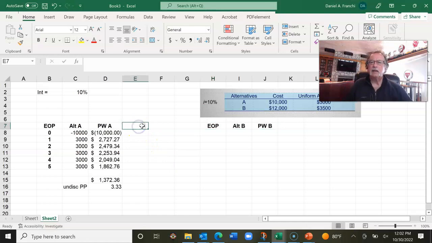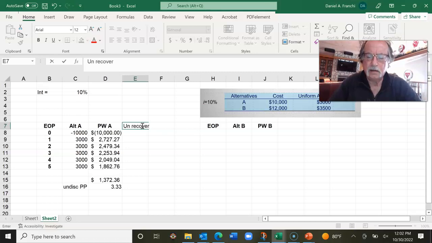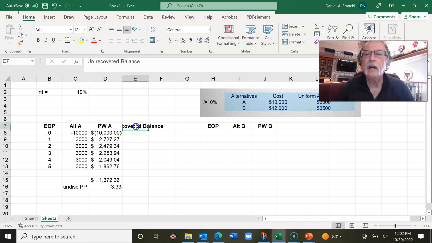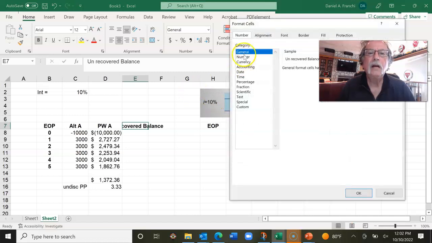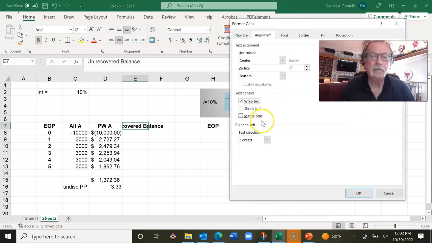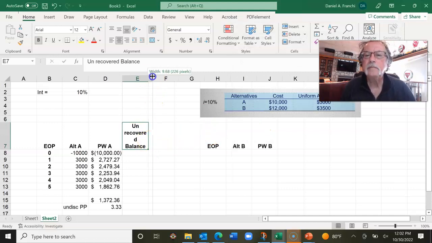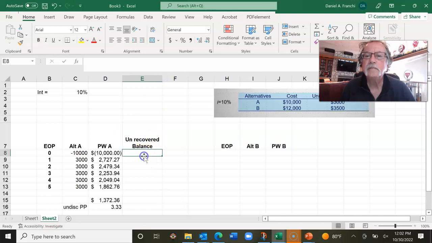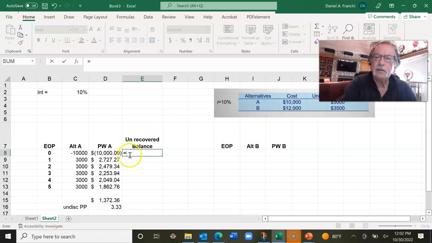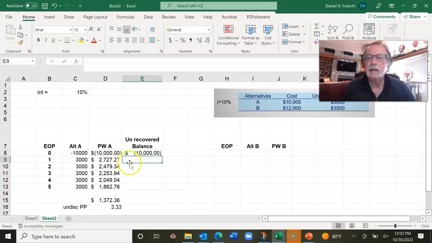Okay, now let's look at what we have here. Now we have the unrecovered balance. When you make your initial investment, it's minus $10,000.